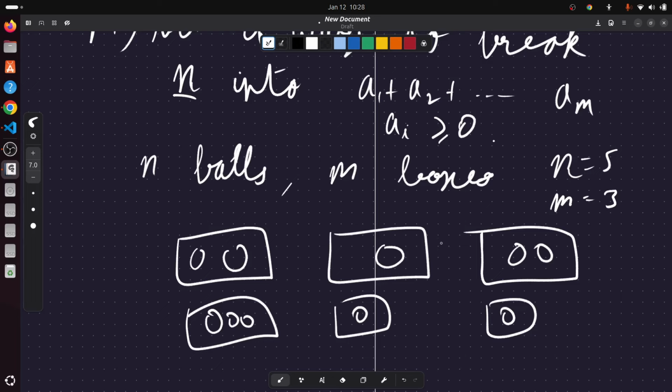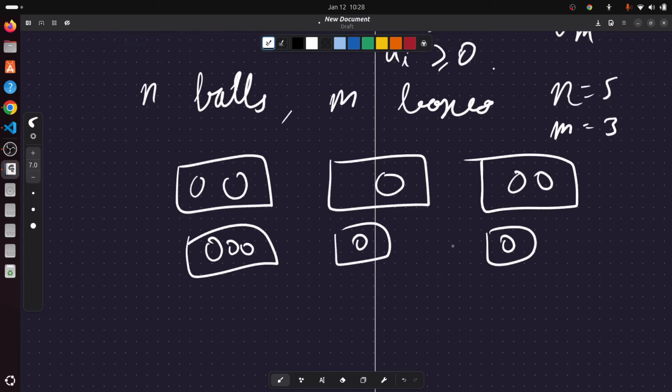Now to count this, we can think of it as arranging n balls and m minus 1 box separators.